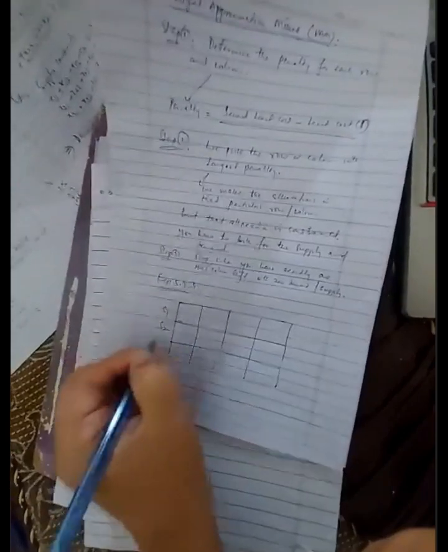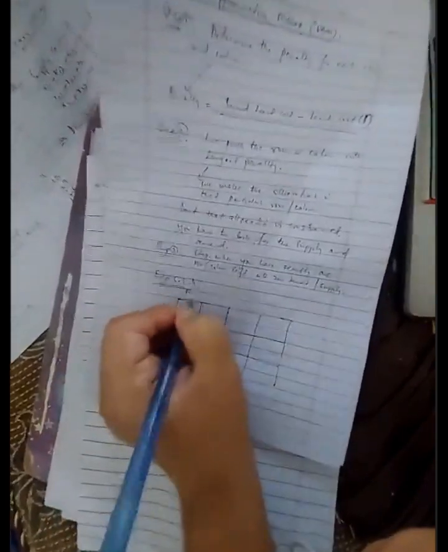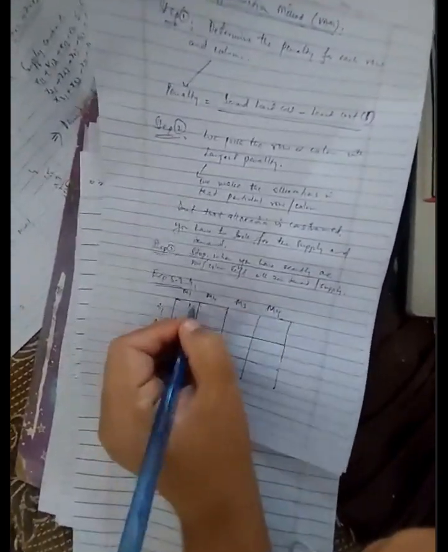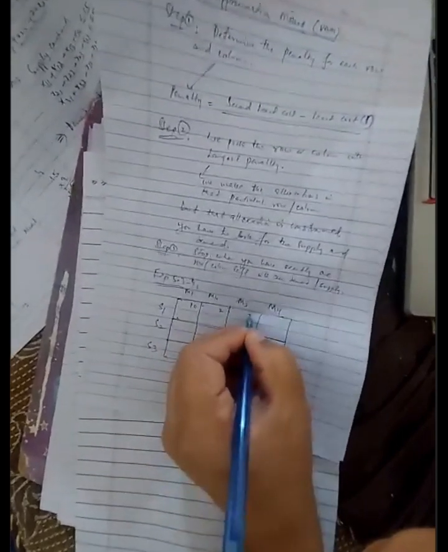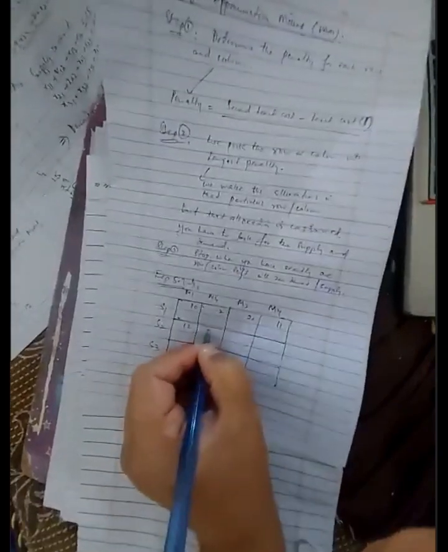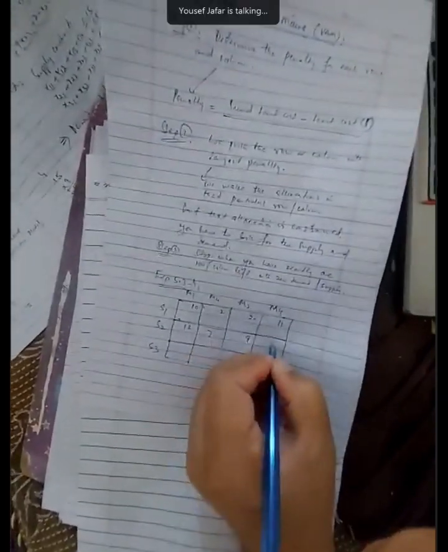We have 3 suppliers and 4 destinations. Here the costs are 10, 2, 20, and 11, 12, 7, 9.